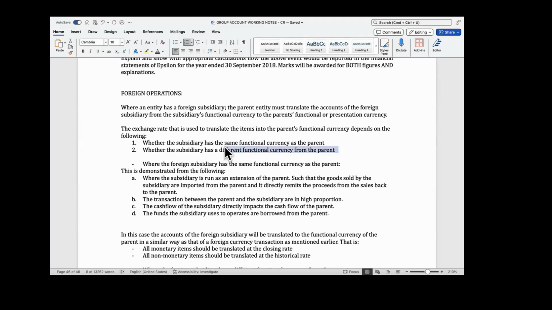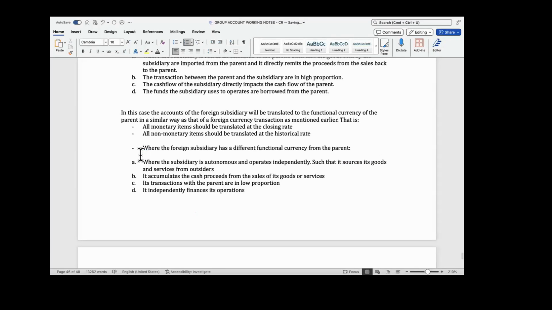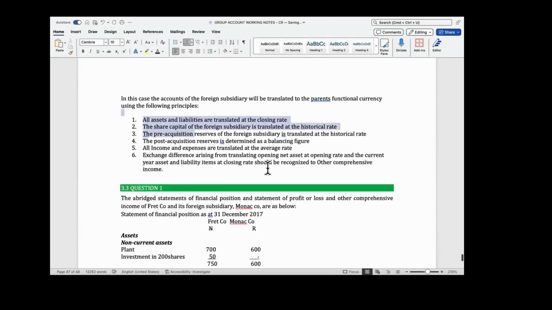We assume that the subsidiary operates independently from the parent. That's what we always assume. That is, it doesn't have the same functional currency. So when we want to consolidate, we will usually translate the account of that foreign subsidiary using this approach.